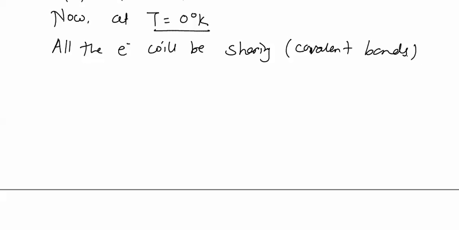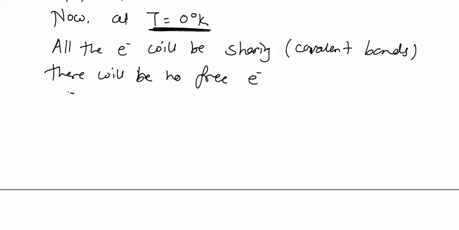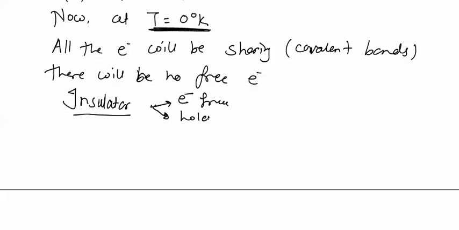If all the electrons are in covalent bonds, there will be no free electrons, and an intrinsic semiconductor at T equal to 0 degrees Kelvin will behave as an insulator. It will behave as an insulator because there are no free electrons available for conduction. If there are no electrons, there will be no holes, obviously, because holes are generated when an electron breaks a covalent bond.